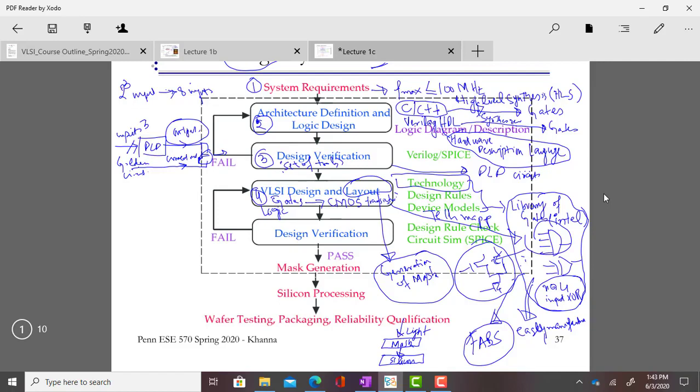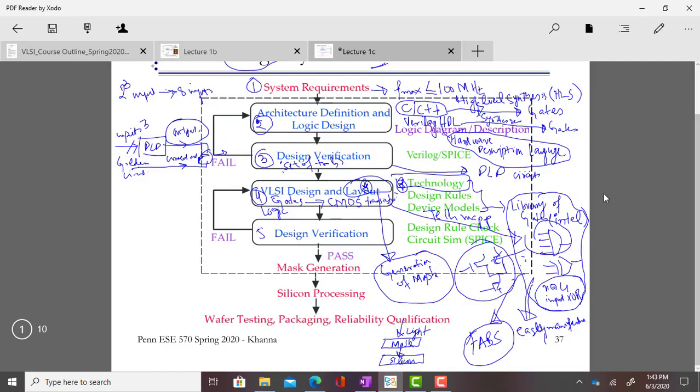So this fourth step has two parts, which are technology mapping and layout generation. These are the two main parts.